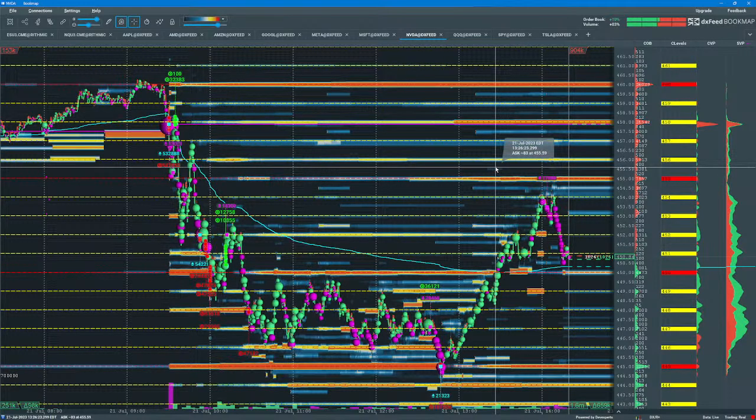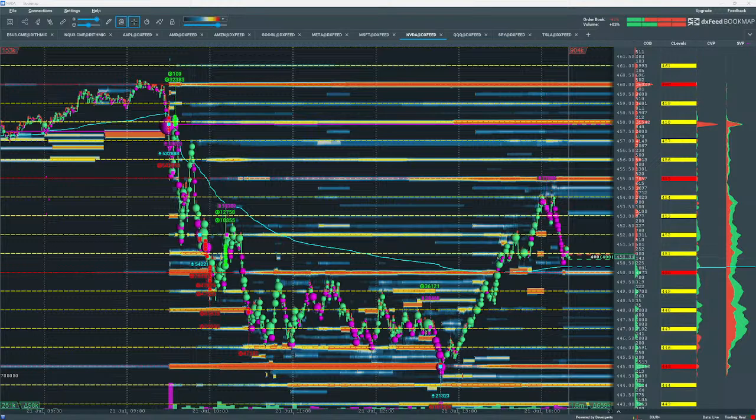That did move down. $452 is the put wall. 450 is the key gamma strike. And then 447 is the hedge wall. And it looks like that was around that level. And also the liquidity at the 445 level finally acted as support.